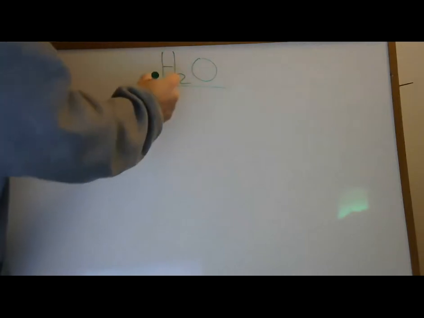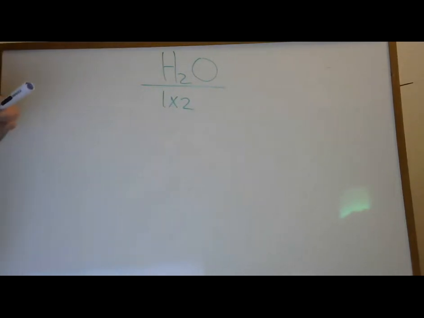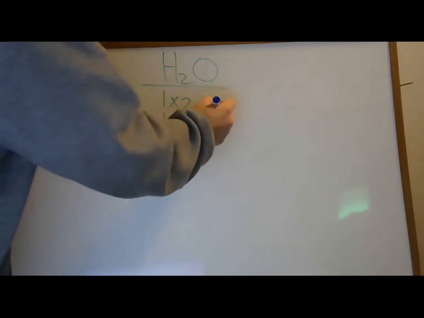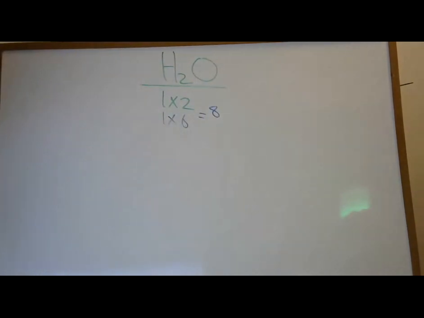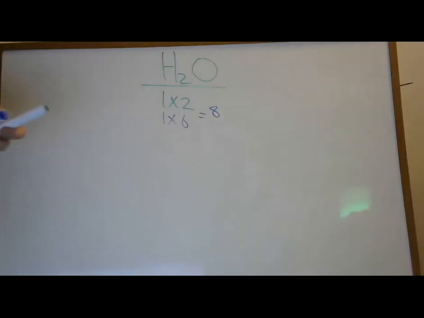Group 1. Oxygen. It's got 8 valence electrons to play with. This is where we're going to get a bit.